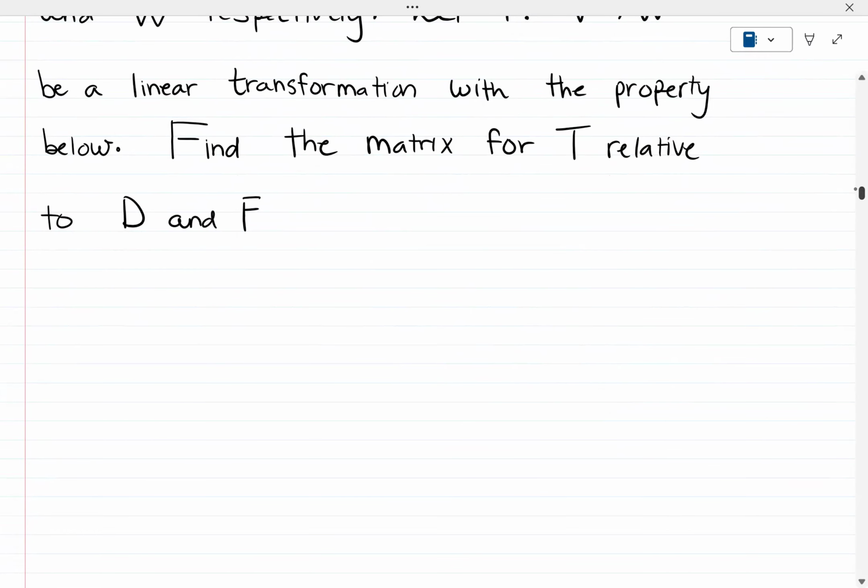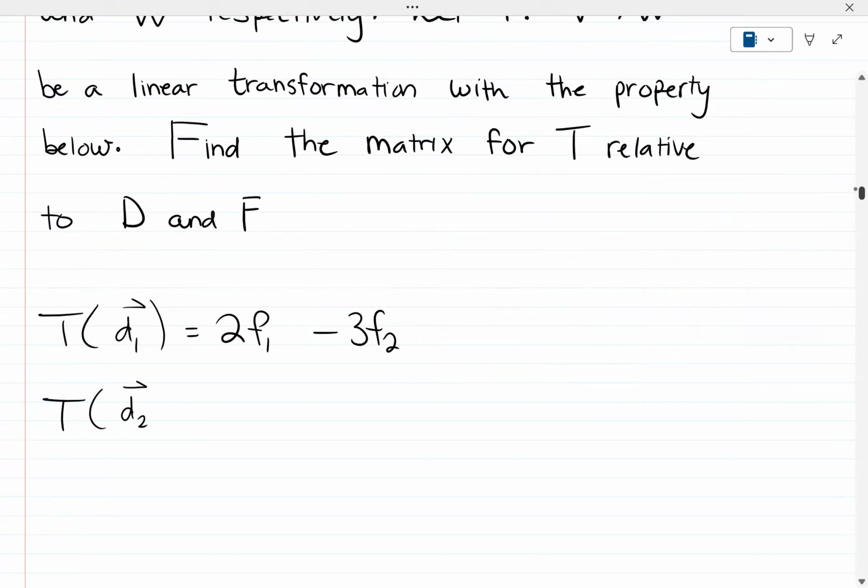So what we're going to do is first find T of vector d1. That's going to equal 2 times f1 minus 3 times f2. Then we find T of vector d2, and that's going to equal negative 4 f1 plus 5 f2.